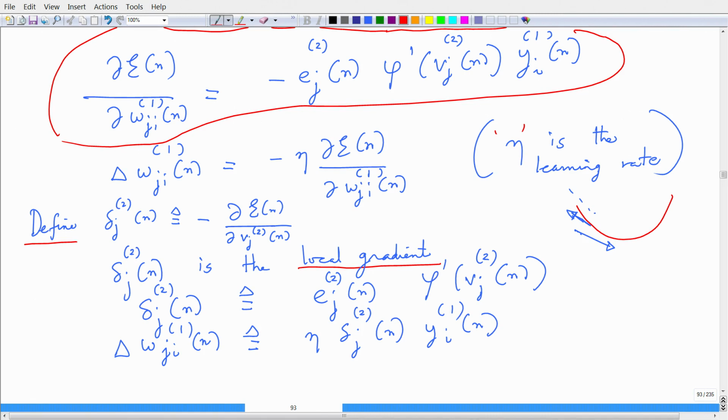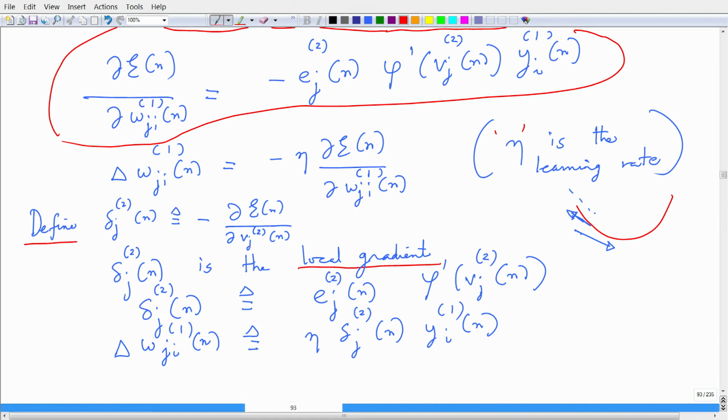Let us define the local gradient as follows: delta j of n in layer 2 is given by minus the partial derivative of the total instantaneous error energy with respect to the local receptive field at time n.